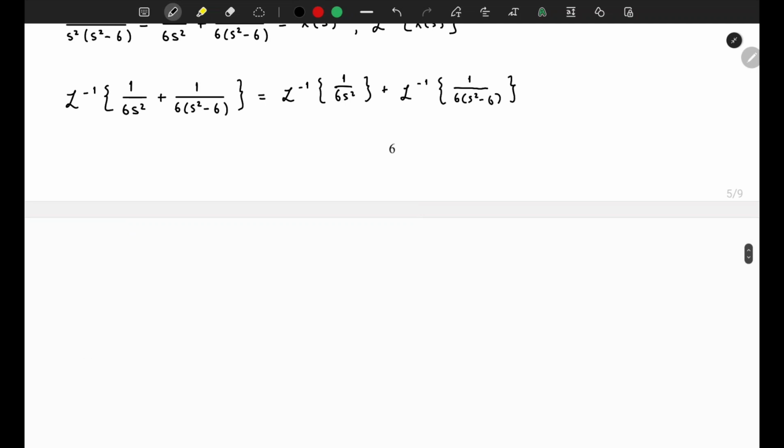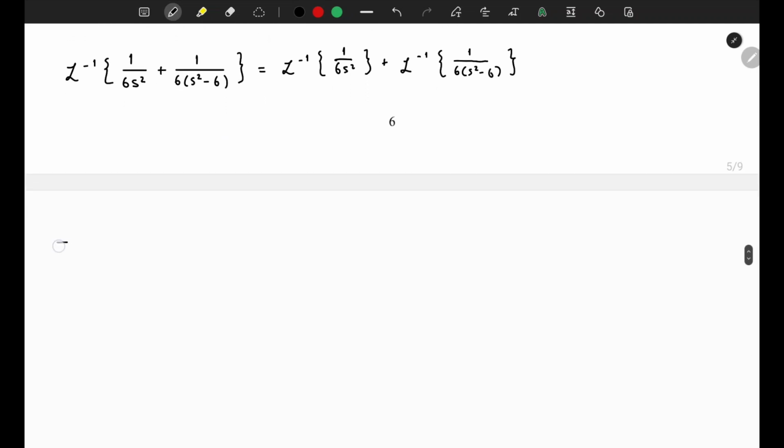And then we can take the constants out. So if we take the constants out, we'll have 1 over 6 Laplace inverse of 1 over s squared plus 1 over 6 Laplace inverse of 1 over s squared minus 6.